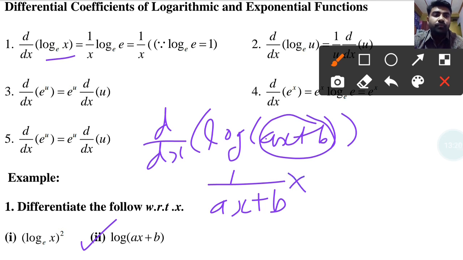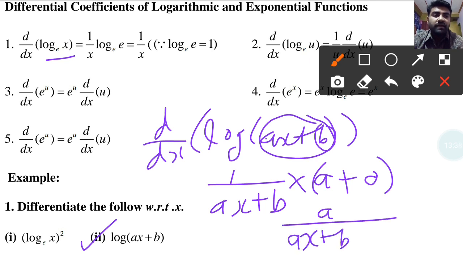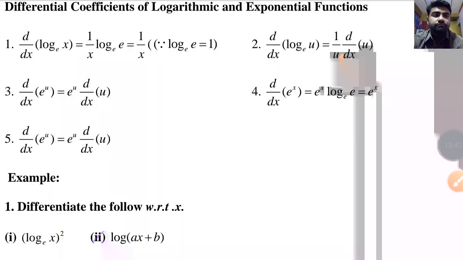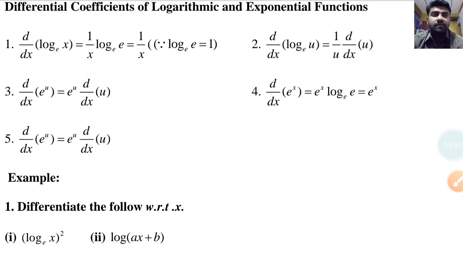So into first ax differentiation, a is constant, dx by dx is 1, so it is cancelled, plus here it is 0 because b is constant, differentiation is 0. So the answer is a upon ax plus b. So that's the solution of this one. So that is the differentiation of all the terms.